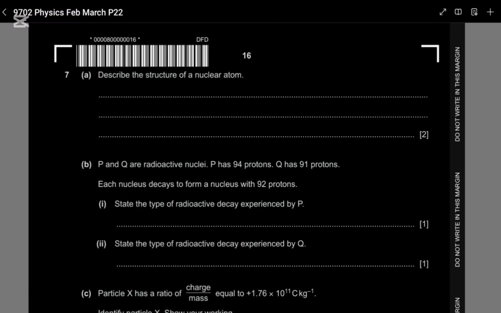Question number 7, part A: describe the structure of a nuclear atom.